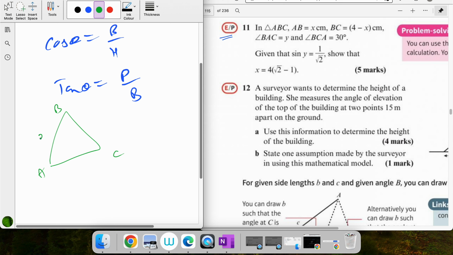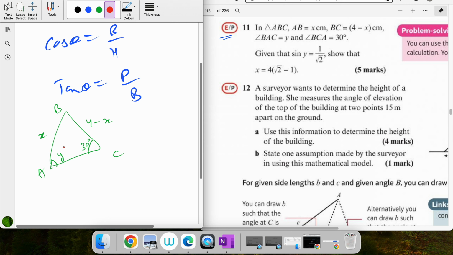And AB is x, BC is 4 minus x, BAC, this angle right here is y, and BCA is 30 degrees. So we have to show this.